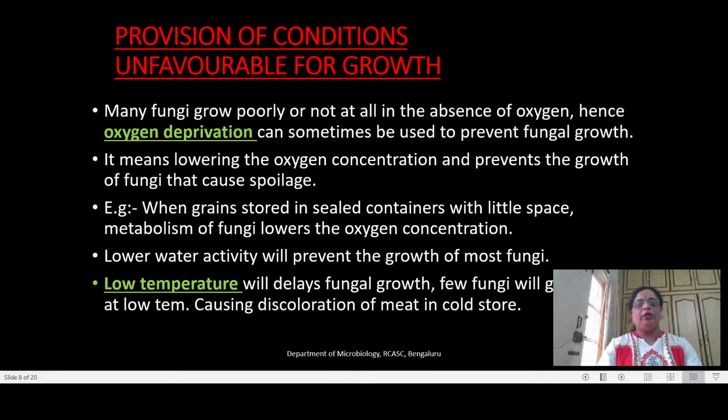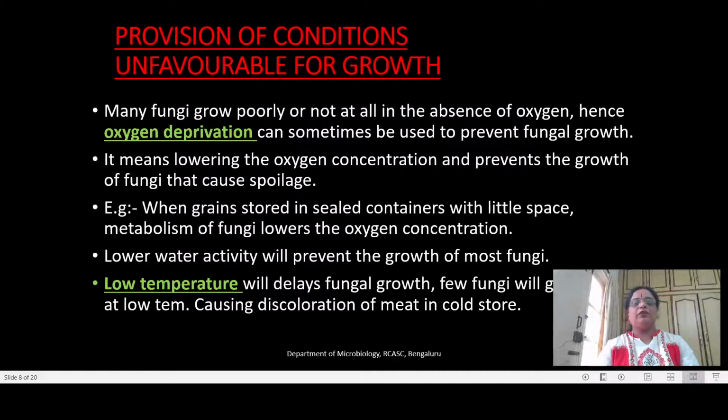Then, provision of unfavorable conditions for the growth of fungi. Many fungi grow poorly or not at all in the absence of oxygen. Hence, oxygen deprivation can sometimes be used to prevent fungal growth. It means lowering the oxygen concentration prevents the growth of fungi that cause spoilage.